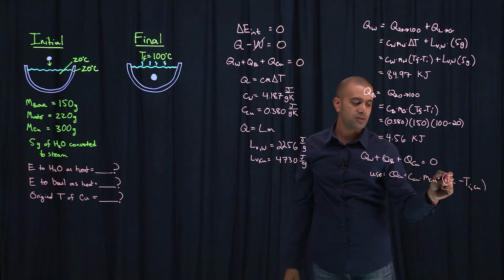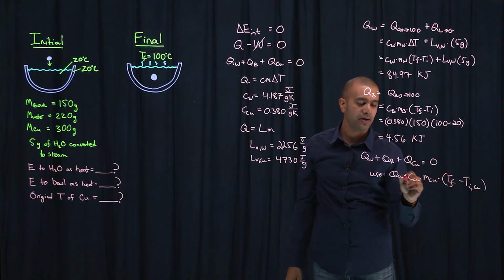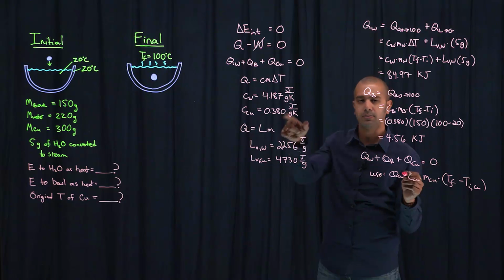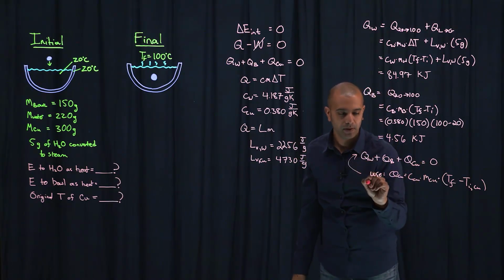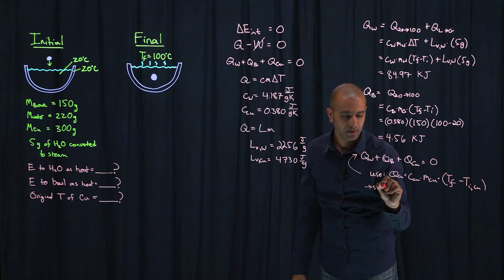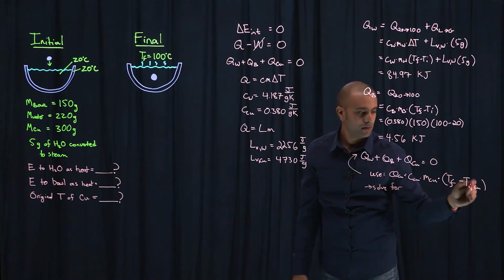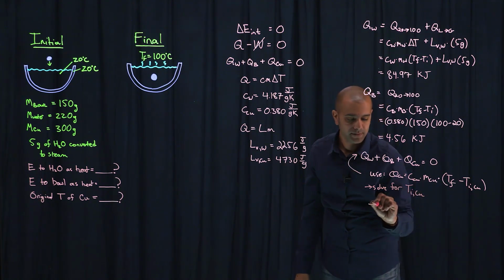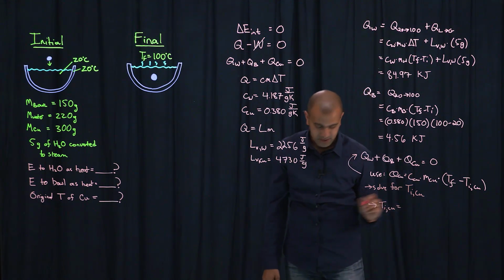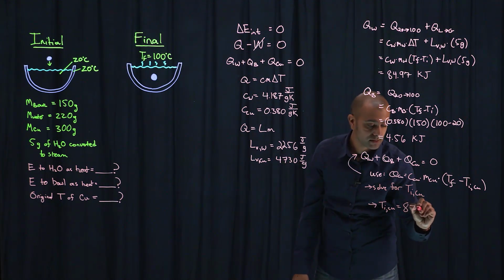We have T_f as 100. We have the mass. We have the heat capacity of copper again, the same thing right here. And we have these two quantities. So if you plug this in here and then solve for the missing quantity, which is the missing temperature, that gives you that the initial temperature of the copper must have been 873 degrees Celsius.